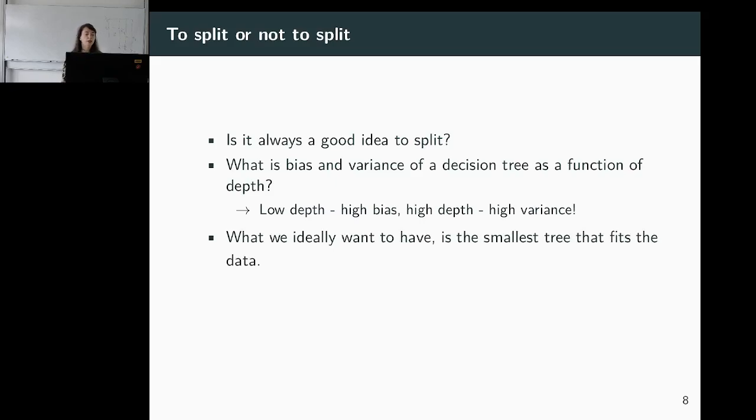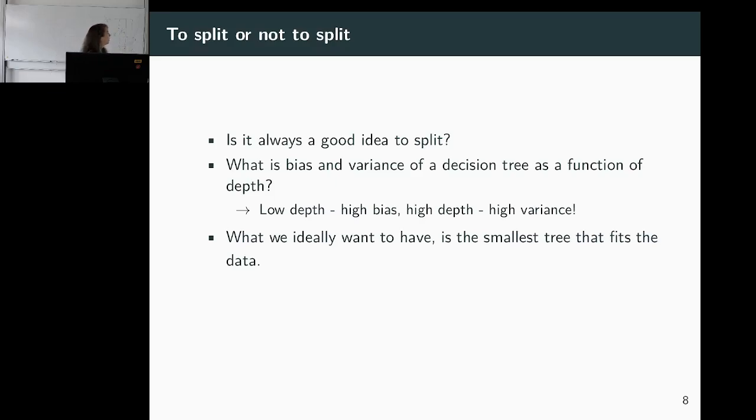Then what we ideally want to have is the smallest tree that fits the data. So we ideally don't want to go around splitting here and there and everywhere. We would prefer the smallest possible tree that fits the data. That would be our ideal decision tree.